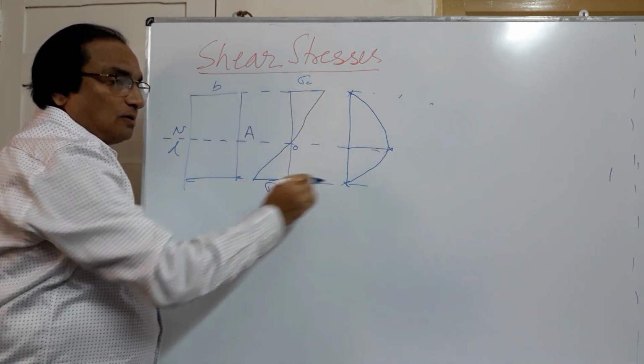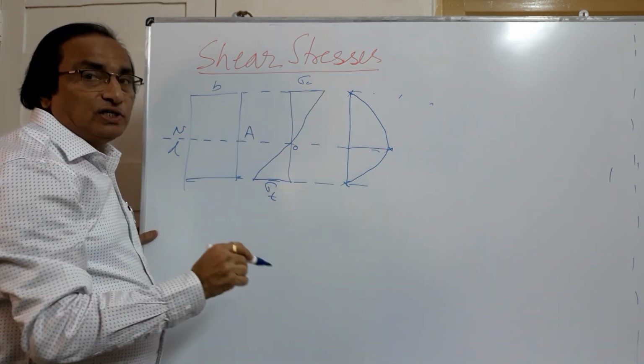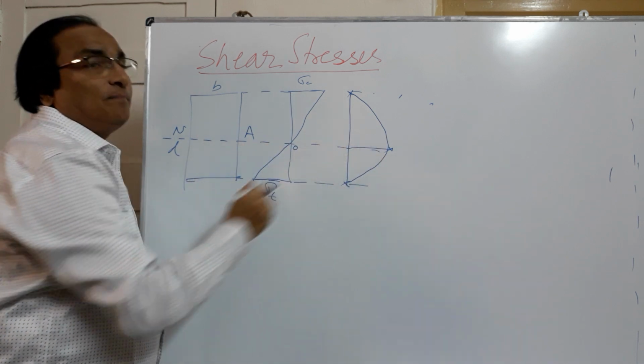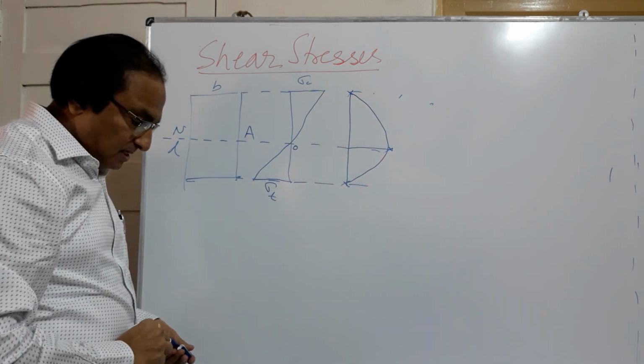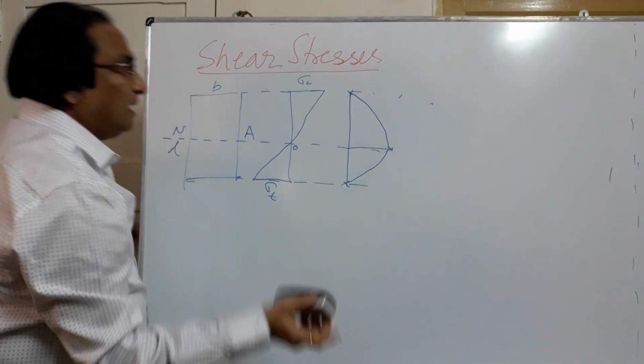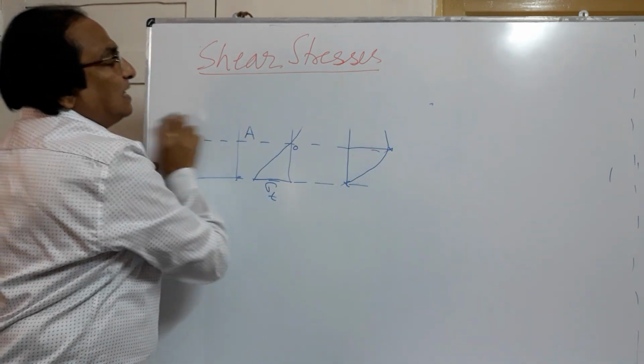At the top and bottom shear stresses are 0, and shear stress is always maximum at the neutral axis. This is the basis for which we will be doing the shear stress analysis.